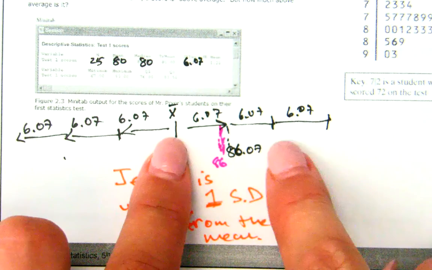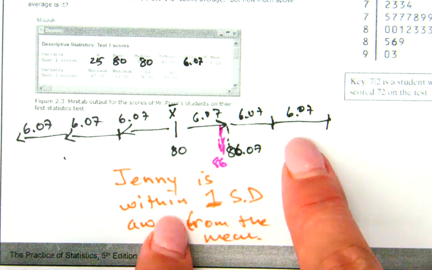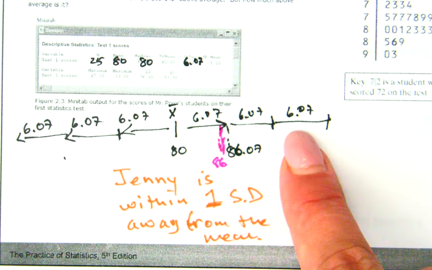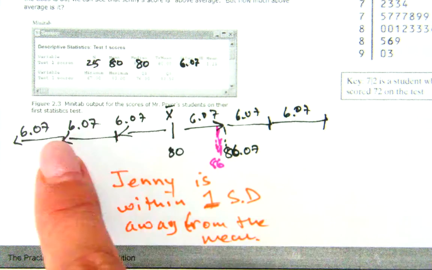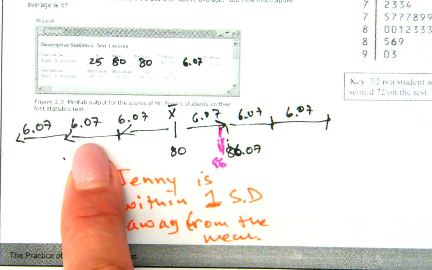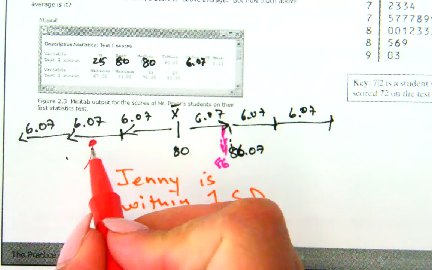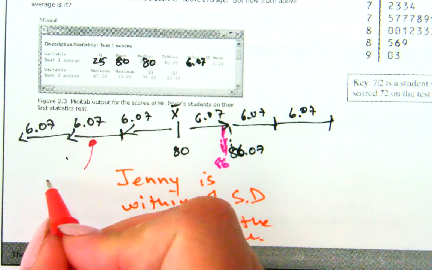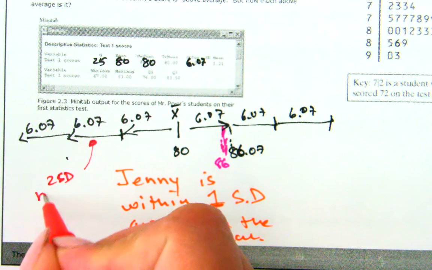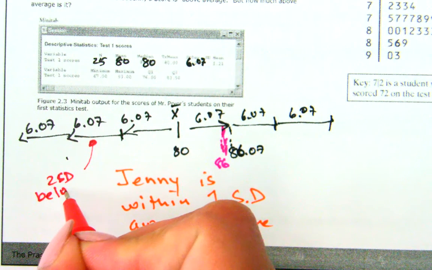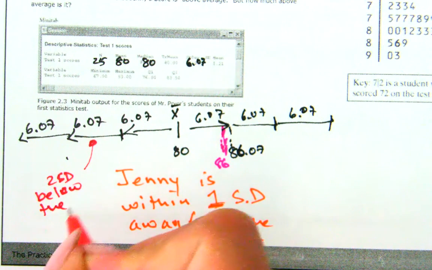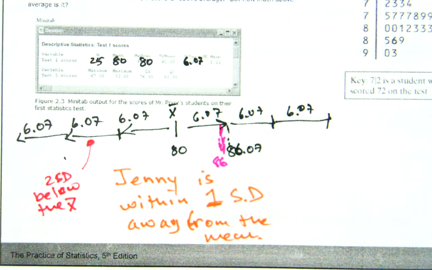If you are over here, where my finger is right now, you would be within 3 standard deviations above the mean. If you were down here, you would be within 2 standard deviations below the mean. It just depends on where you are.